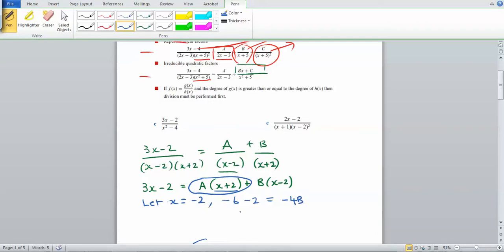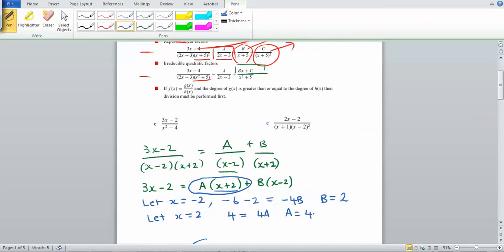So we've got minus 4b is equal to minus 8, and therefore b is equal to 2. Now let x equal 2, which means the b term cancels, and this obviously implies a is equal to 4.